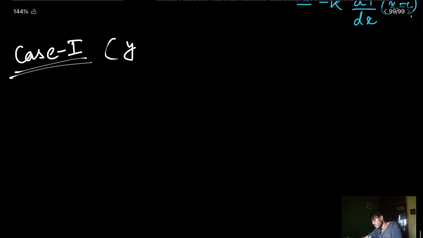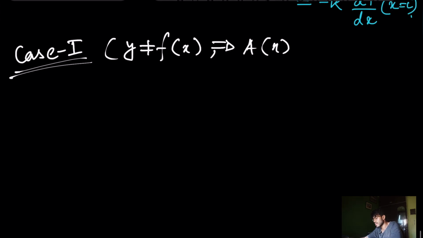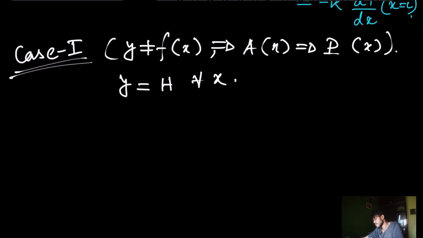Okay, now case 1 is y is not a function of x. Okay, and that means your A is not a function of x, that means your perimeter is not a function of x. So y is h for all x. Clear? I hope you know this sign. This sign is for all.